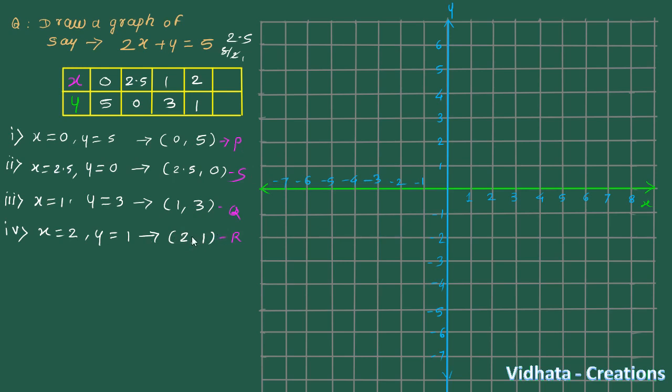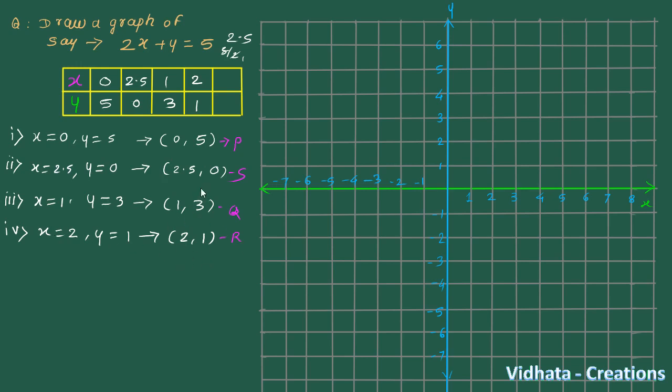Then what will you do? To draw the graph of this linear equation in two variables, only 2 points are sufficient. That's why choose only 2 points that you feel are easy.